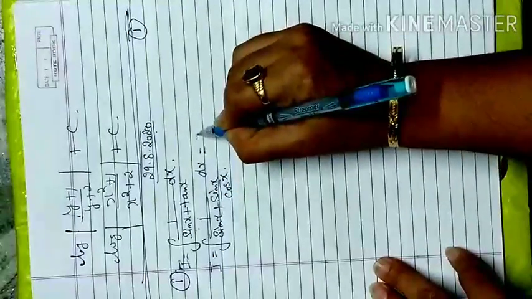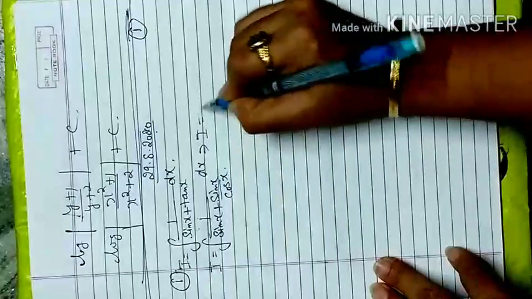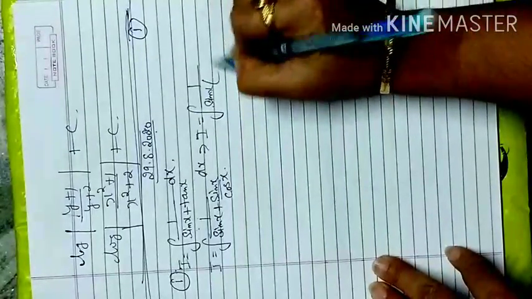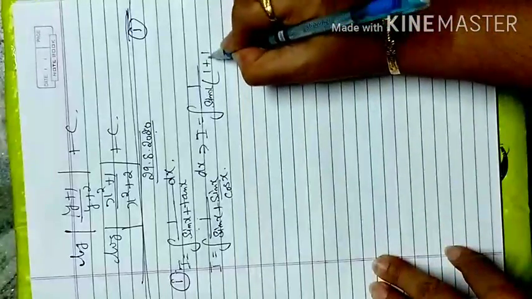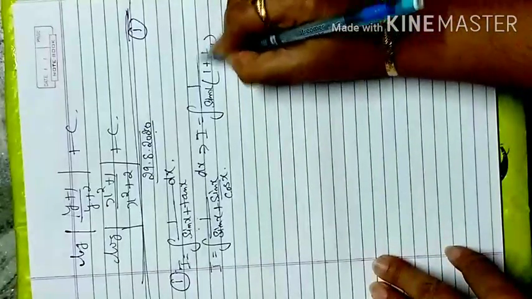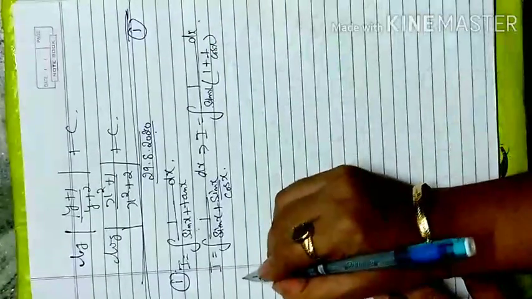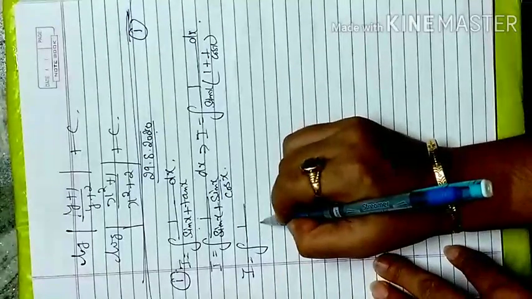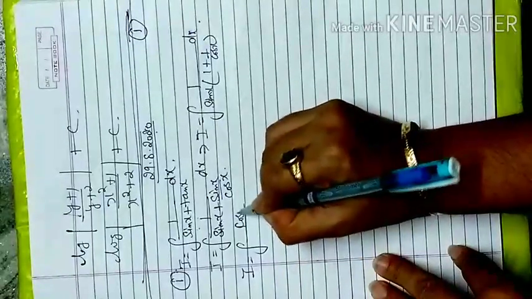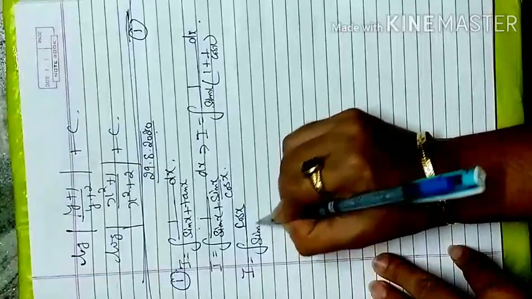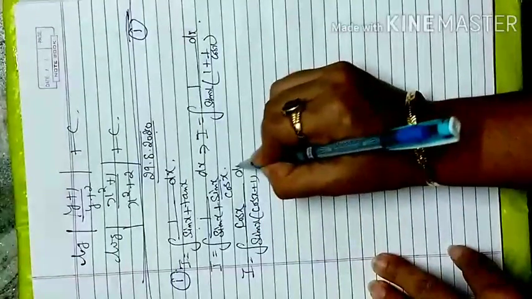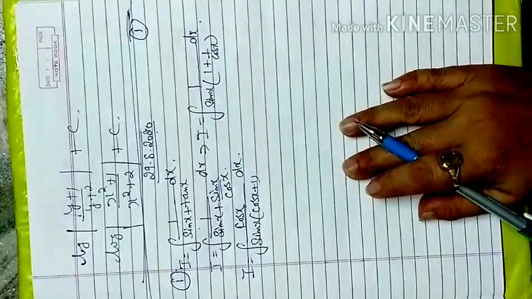Then I is equal to, taking sin x common, 1 plus 1 by cos x is left here. If I take the LCM of this, cos x will move upward in the denominator, then sin x, that becomes cos x plus 1, dx. Now tan is removed in this form.